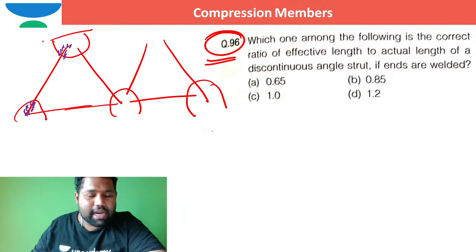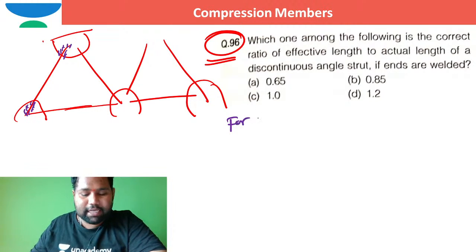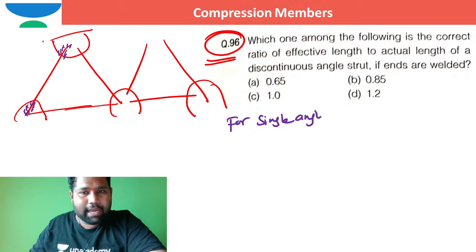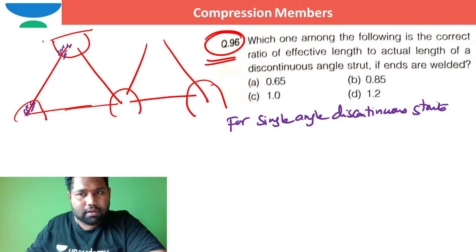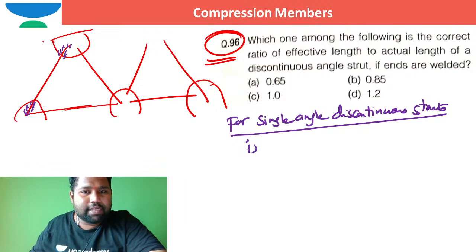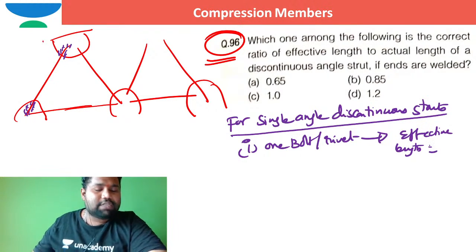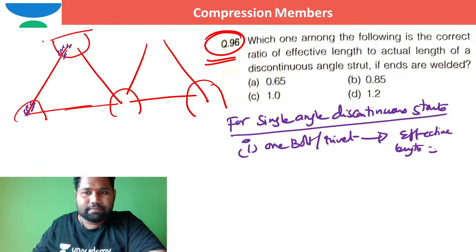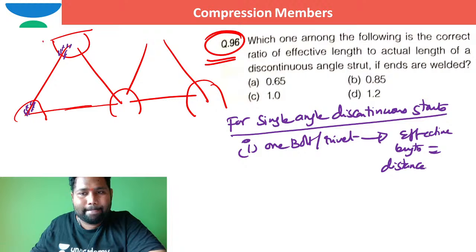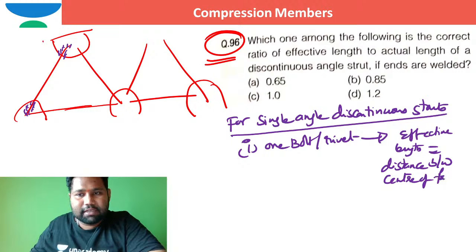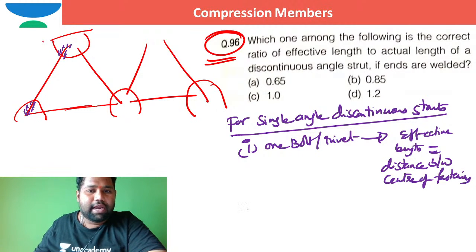Let me write the condition directly from the code of practice. For single angle discontinuous struts, when it is connected by one bolt or rivet, the effective length is equal to the distance between the centers of the end fasteners.